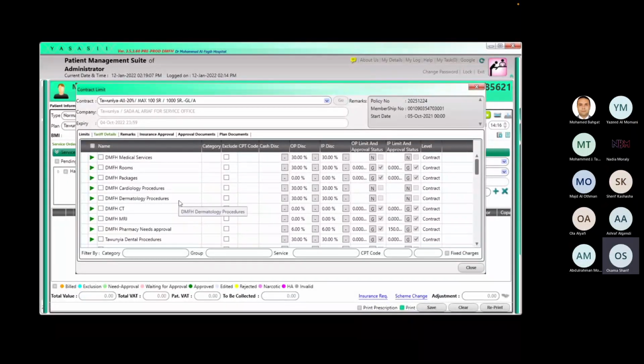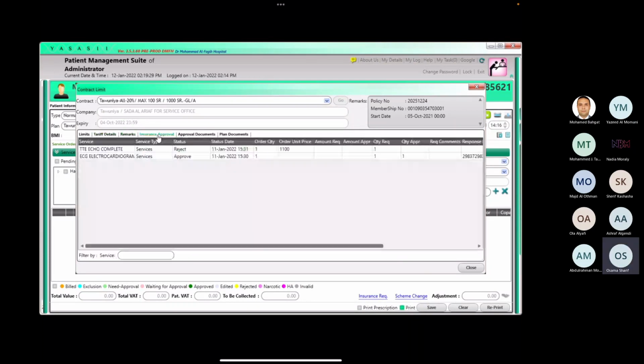So if I see that the net amount is getting deferred and I can't understand, I can always come back and see that, okay, because DMFH dermatology procedures have a 30% discount on outpatient, that's why the amount is discounted. Nothing can be changed or edited over here, but it's more like a view for people to understand.